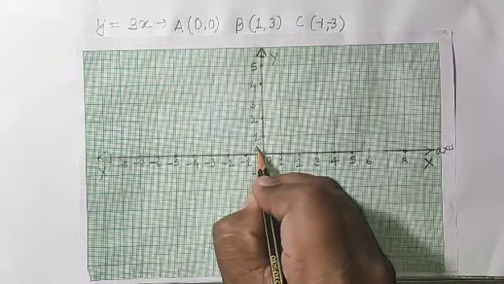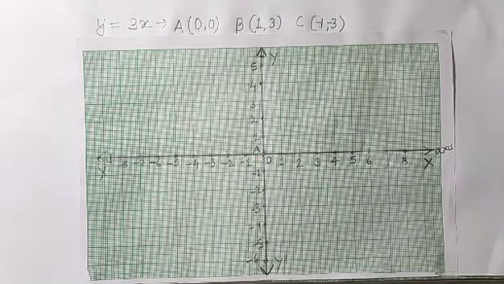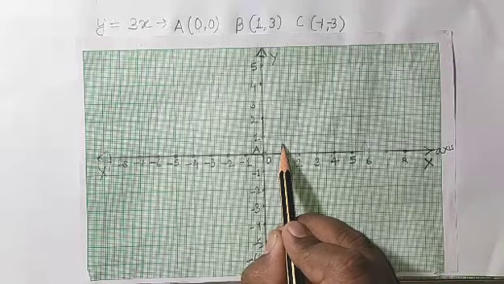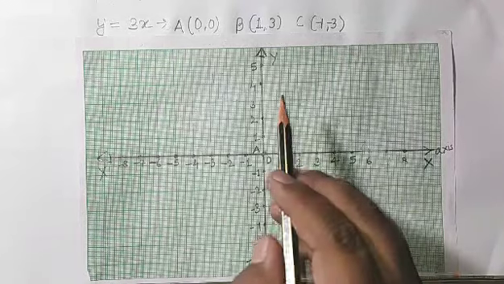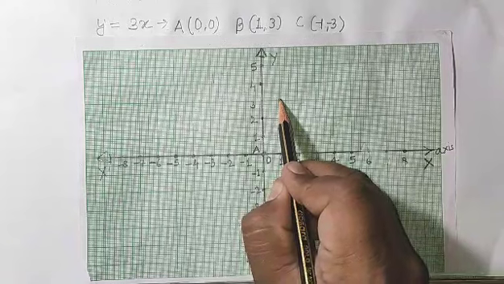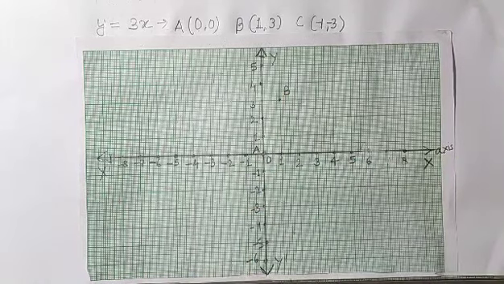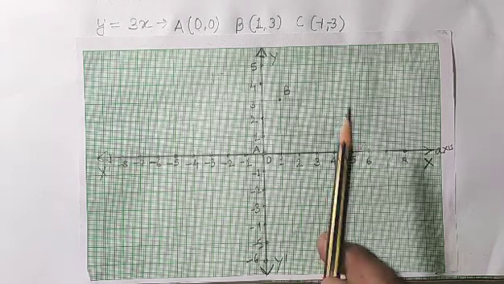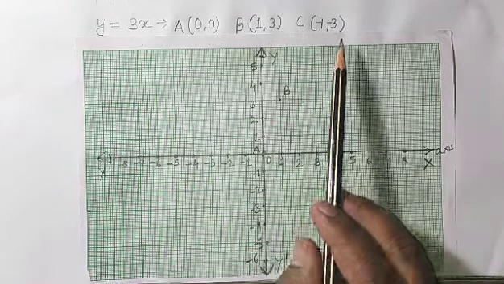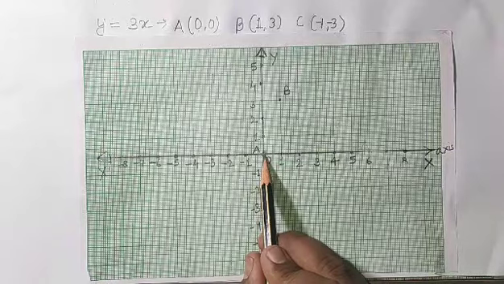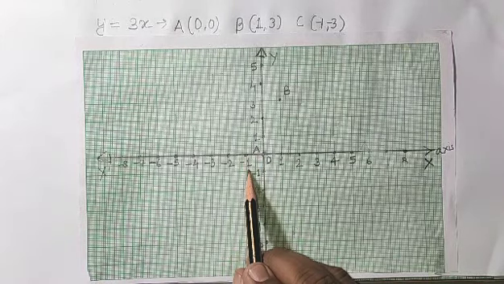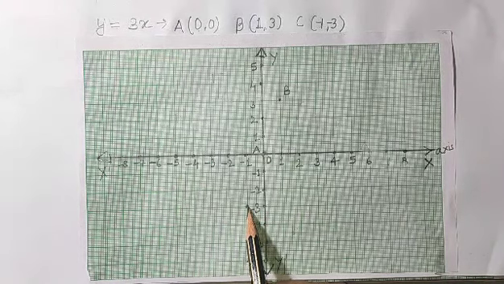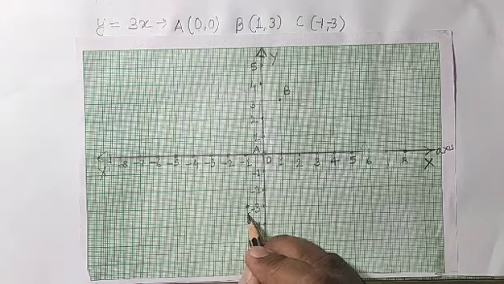So this point will be A. The second point, 1, 3, means towards x 1 unit, towards y 1, 2, 3, so this will be your second point, B. And the C point is minus 1, minus 3, which means towards the x direction minus 1 and towards the y direction minus 3. So this point will be your C.